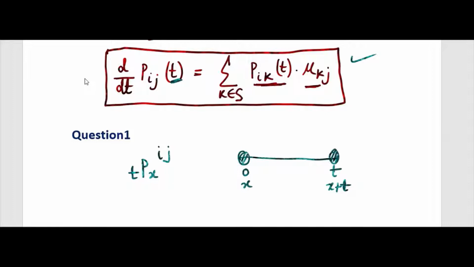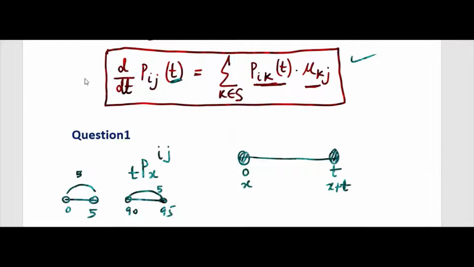Time homogeneous means it will not change with time. It doesn't matter whether you talk about 0 to 5 hours or maybe 90 to 95, the initial time will not matter. The total duration is t here, 5 here, and here also 5. So we write the time duration.